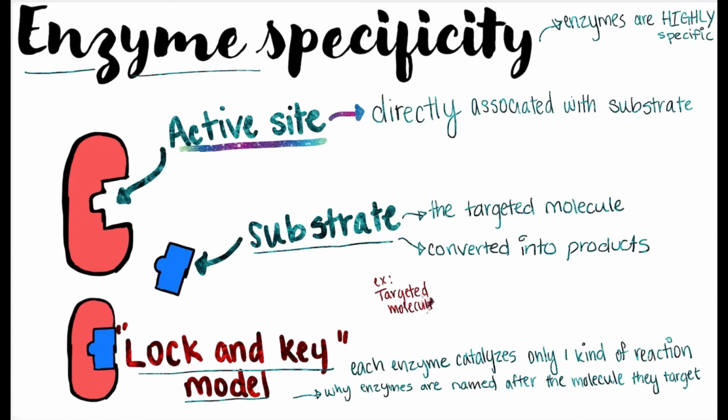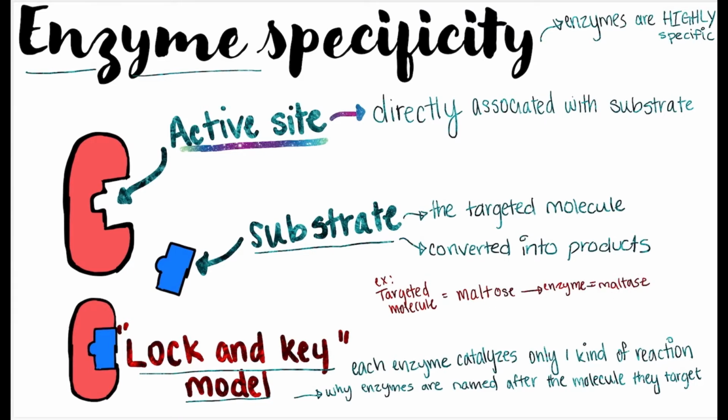This is also why enzymes are named after the molecule that they target. For example, if our targeted molecule was maltose, the enzyme that targets it would be called maltase. If it was lactose, the enzyme would be lactase. Do you see the pattern? Those both end with ASE.